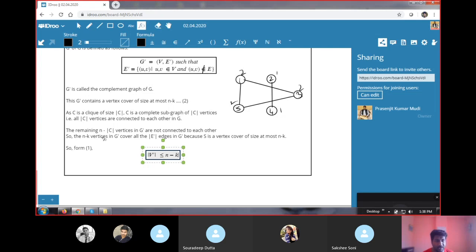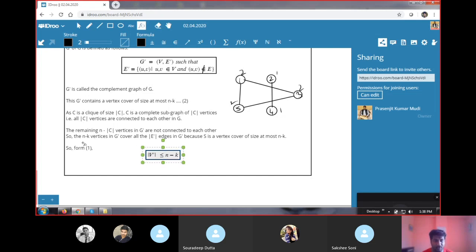So the n minus k vertices in G dash cover all the E dash edges in G dash. So we got this information. S is a vertex cover of size at most n minus k, and V dash is the number of vertices in S. That means the number of vertices V dash is less than or equal to n minus k. So we can write like this.